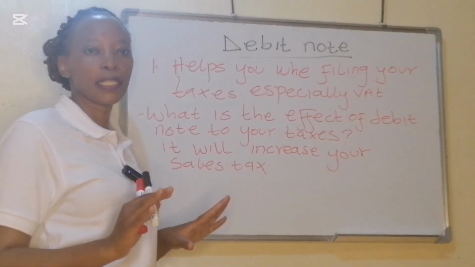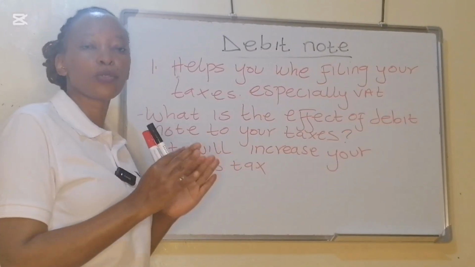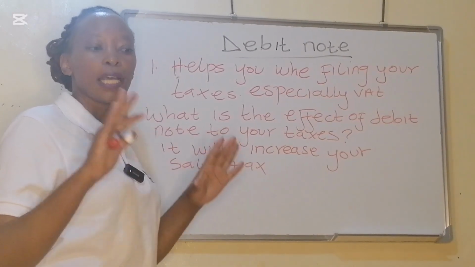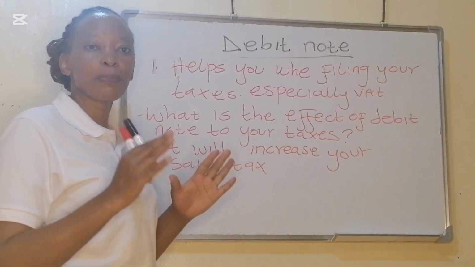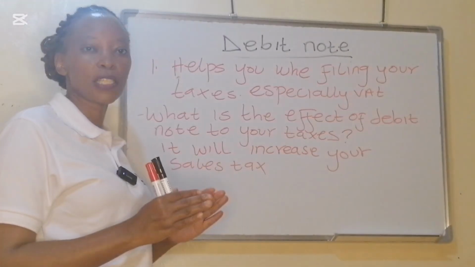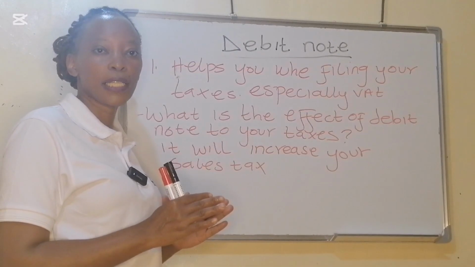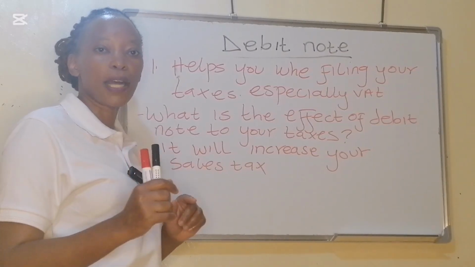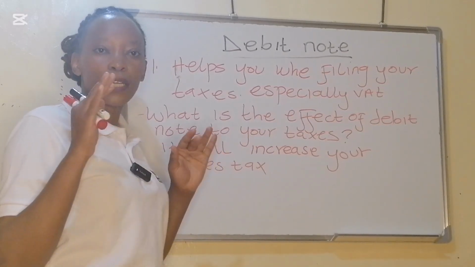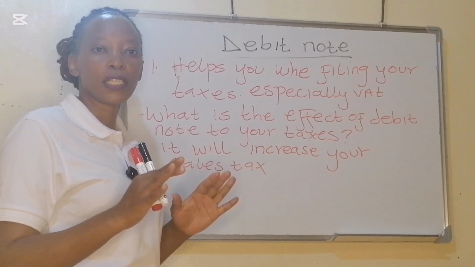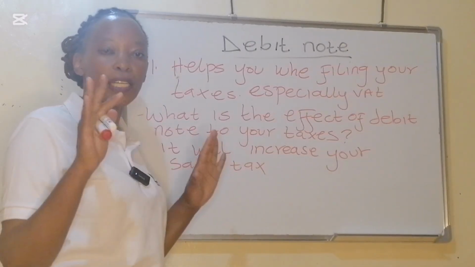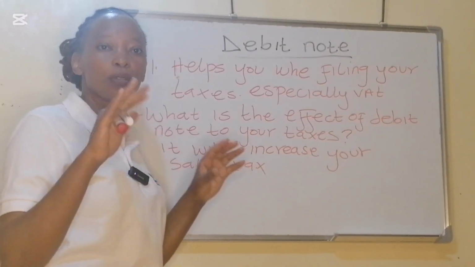And finally, please keep your debit note in a safe place. Let it be kept together with the invoice that was adjusted. Keep it together. Use a stapler. Use a separate file for debit notes and credit notes.